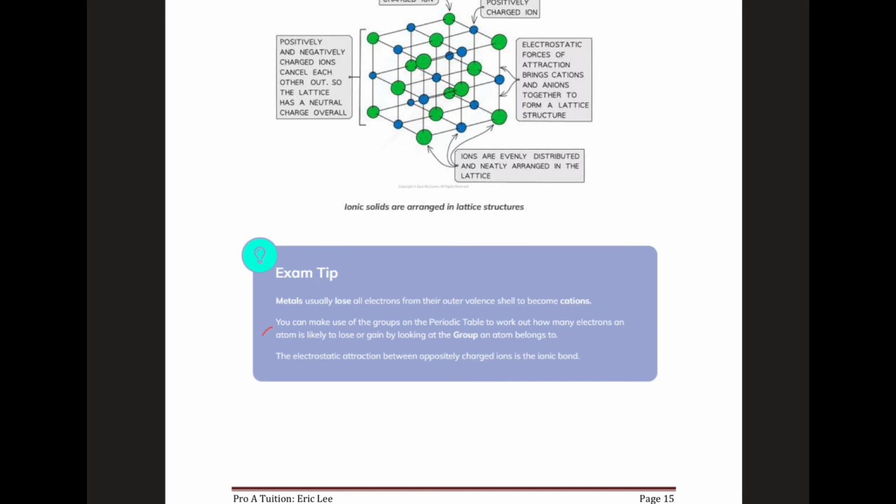So for example, group 1, how many electrons are they going to lose? What do you think? 1. Yeah, 1 electron. So they are forming ions of positive 1. Okay, so group 2, how many electrons? 2 electrons.